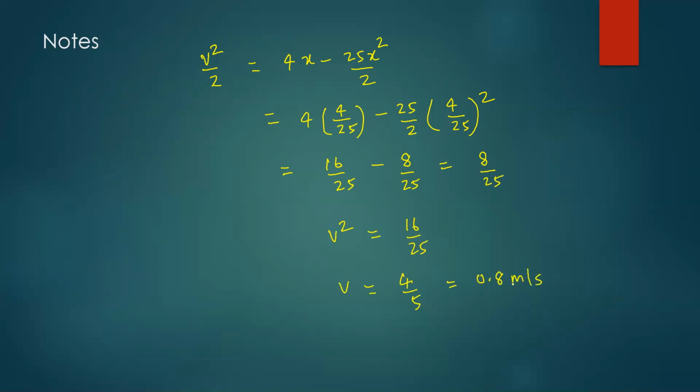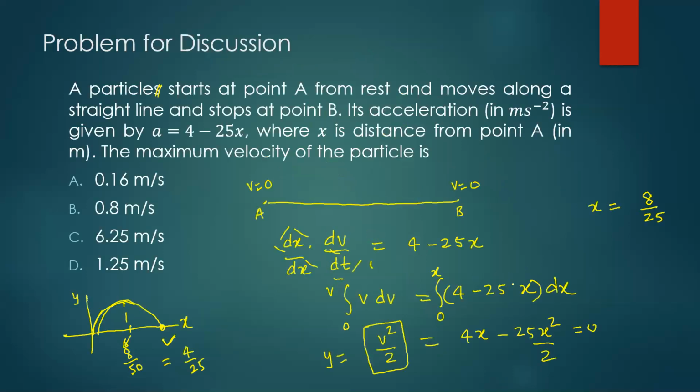You understand? Now, there's another thing that students do. Once you get y as a function of x, you can also get the derivative. See, at the maximum value of y, the slope of tangent is 0. So you could take the derivative here. So dy by dx and then equate it to 0.